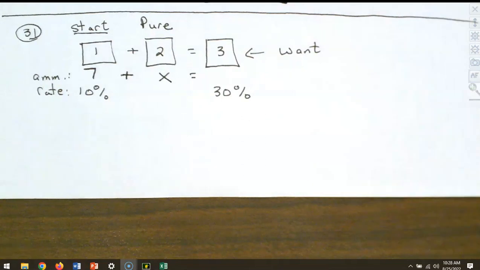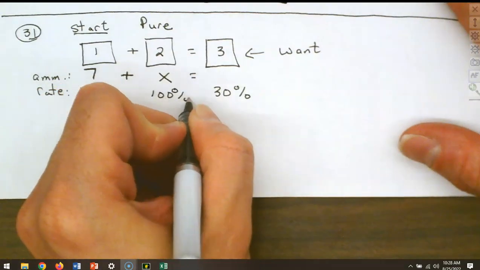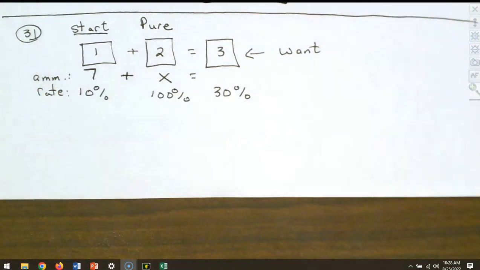But when I talk about pure alcohol, what's the concentration as a percentage? Okay, pure, if it's pure water, it wouldn't have any, it would be 0. Right? But in this case, we're looking at pure alcohol, so the percentage rate would be 100%. If you use water to dilute something down, it's 0. If you use pure alcohol, in this case, or pure insecticide, that's 100%.